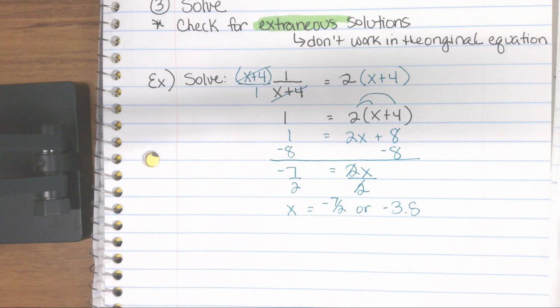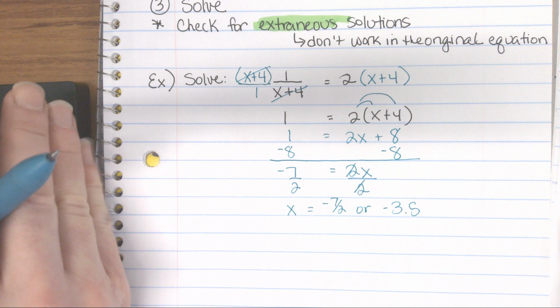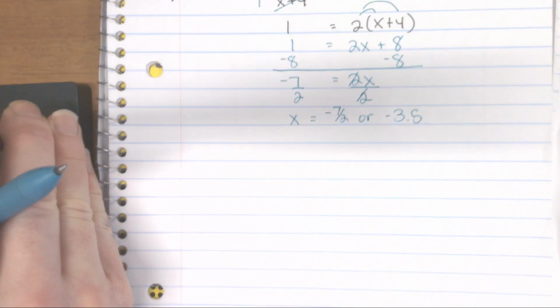Okay, so let's do something that has a fraction on both sides for our second example.